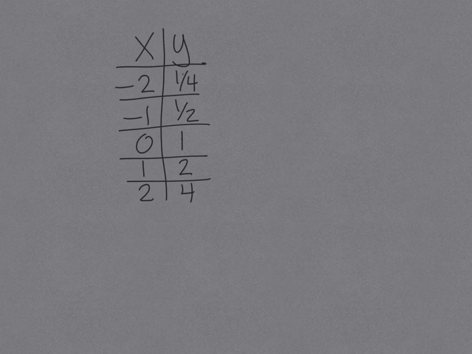So instead of trying to deal with these fractions, I'm going to go down here to these bigger numbers. 2 times what is 4? Well, 2 times 2 is 4. And 1 times 2 is 2. And 1/2 times 2 is 1. 1/4 times 2 is 1/2. All right, so we know that it's exponential.